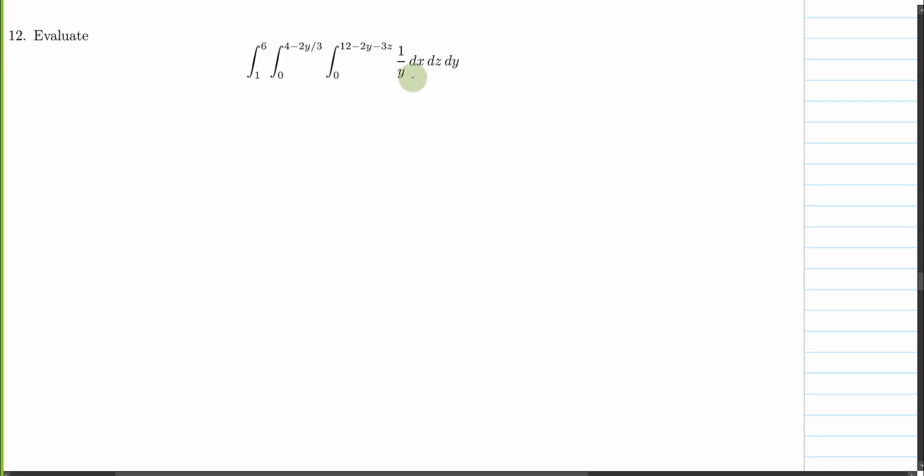Okay, so let's first talk about the order in which this was given to us. I didn't write these on here, so you could go ahead and say, this is y equals 1 to y equals 6. This is z equals 0 to z equals 4 minus 2y over 3.